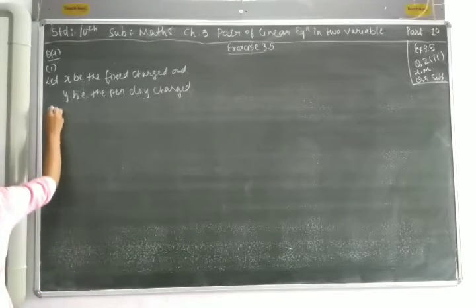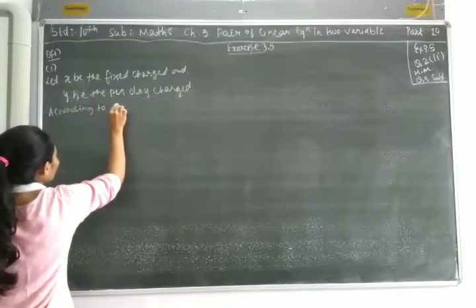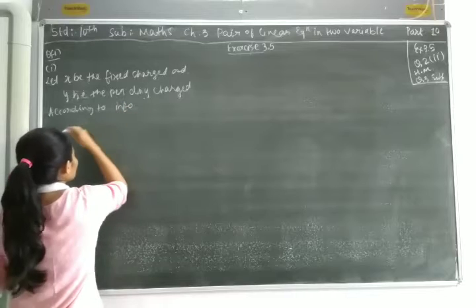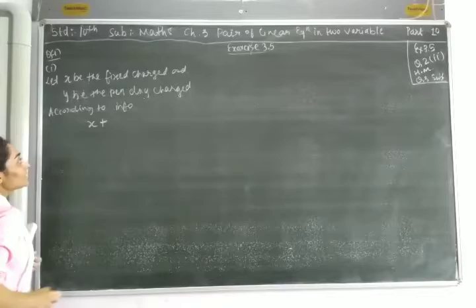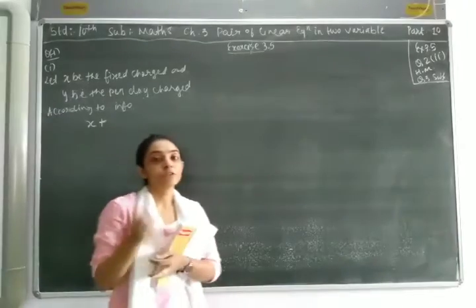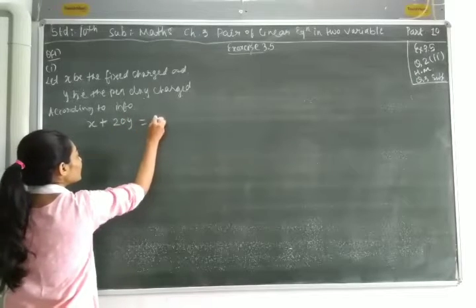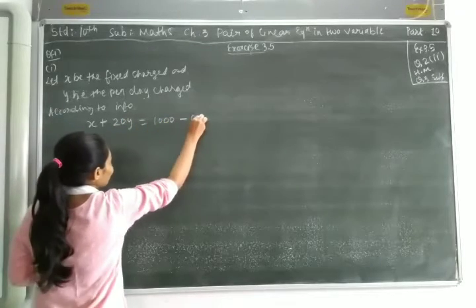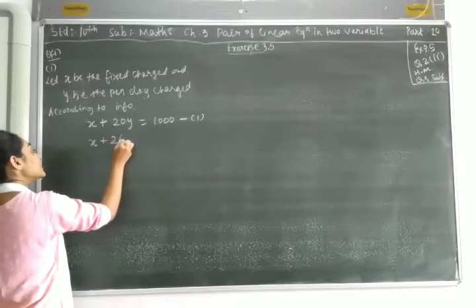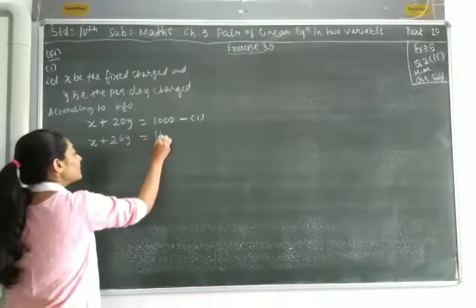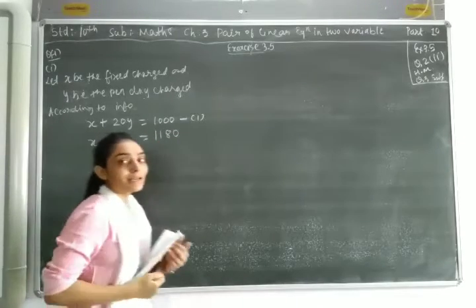So according to the information, student A takes 20 days. So the x is fixed. What is changing? That per day food charge. Okay. So 20y and she paid 1000 rupees. Okay. Now student B takes 26 days and she paid 1180 rupees.